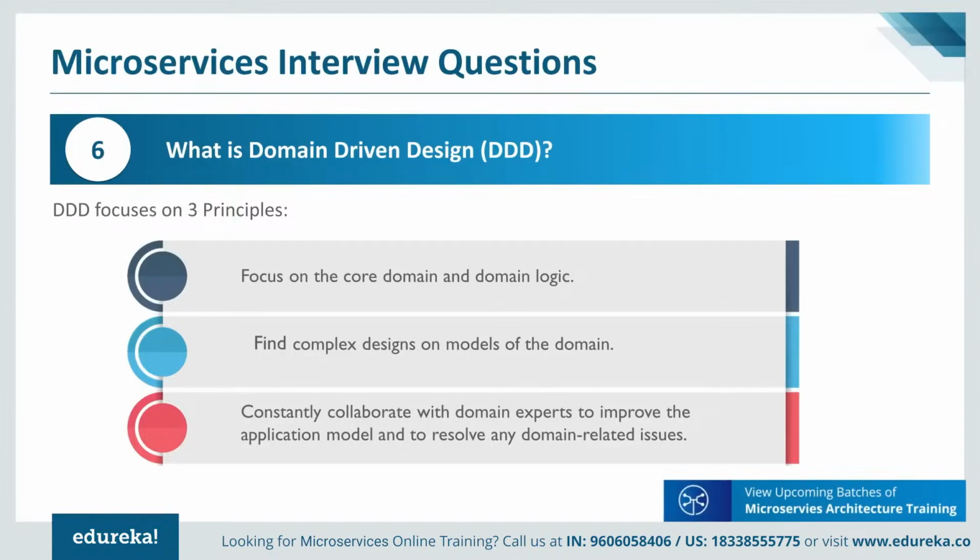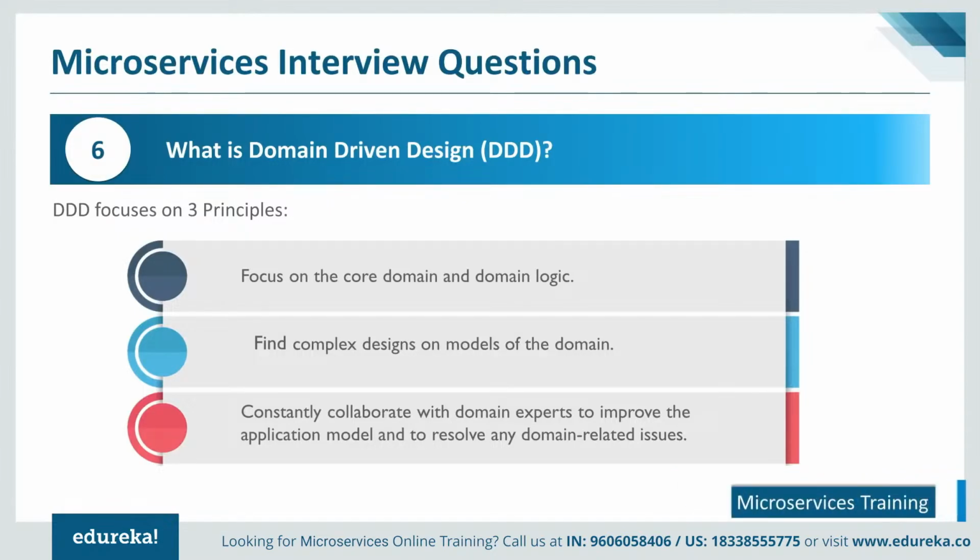Now what they do is they try to bring every team on the very same page, and you'd be using something called a ubiquitous language which helps you achieve this domain driven design approach. Now what do you mean by a ubiquitous language? To give you an example, suppose I have a ticket reservation system for flights. Here all the terminologies that I use would be related to maybe aeroplanes, flight attendants, customers, and all those things.